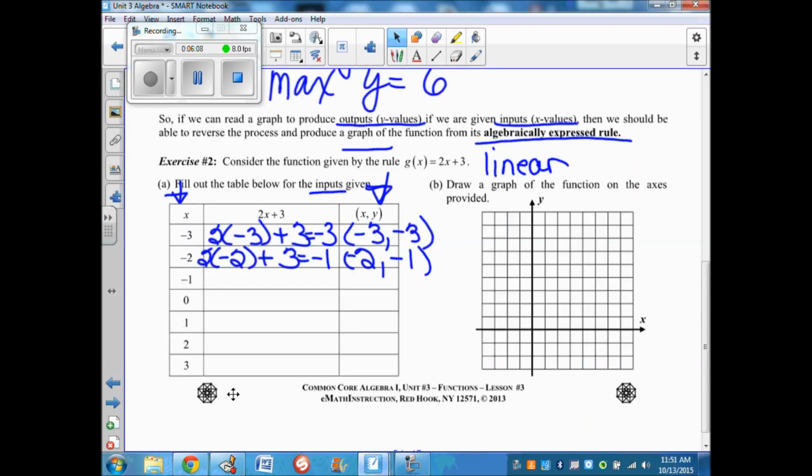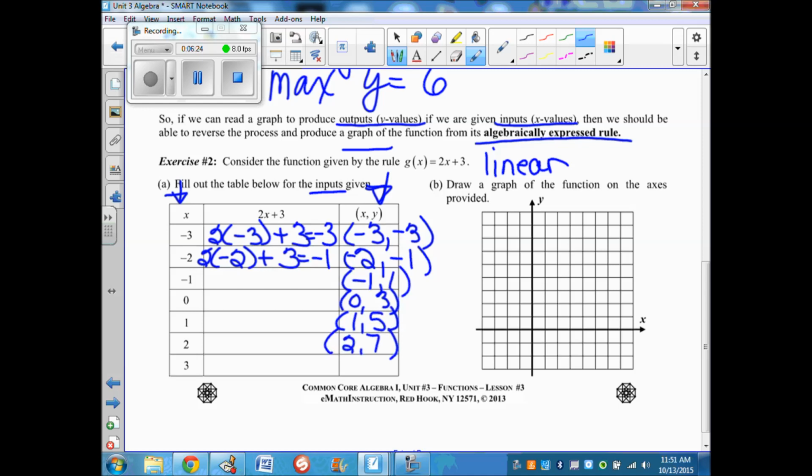I know that you guys know how to multiply an input by 2 and add 3, so we are going to go right to our calculator. So -1, comma 1. The next one should be 0, 3, 1, 5, 2, 7, and 3, 9.